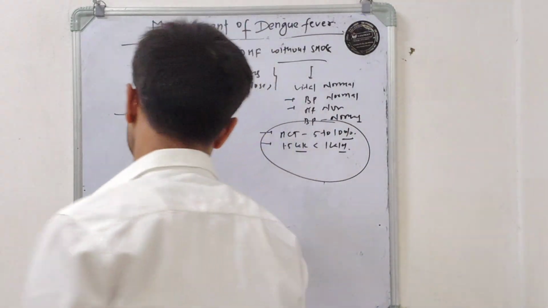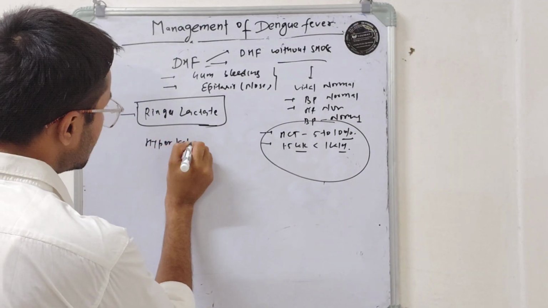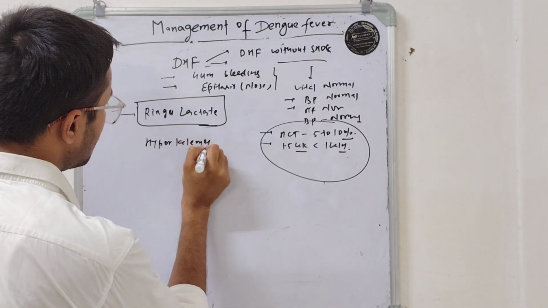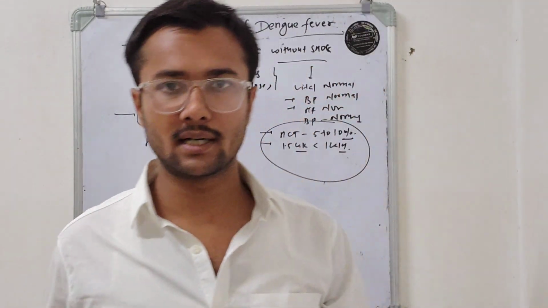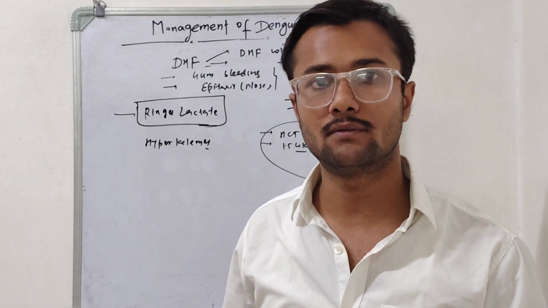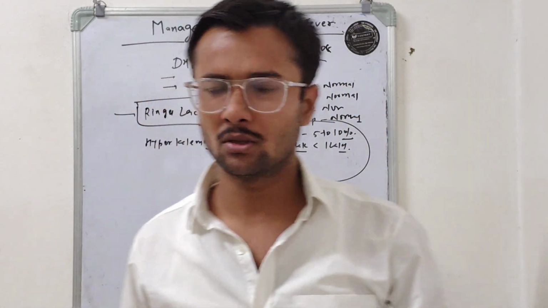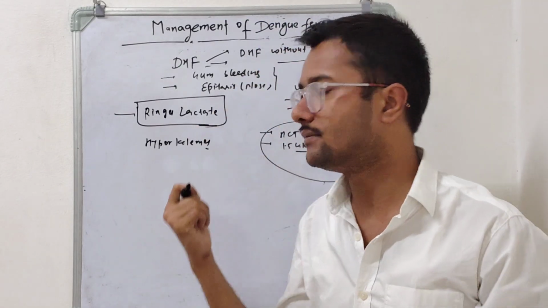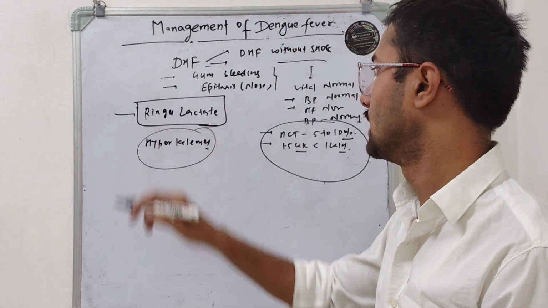This is the contraindication, because Ringer lactate itself contains potassium. If a patient already has a high potassium level and we infuse a fluid that also contains potassium, it worsens the condition. That's why we avoid Ringer lactate in hyperkalemia.